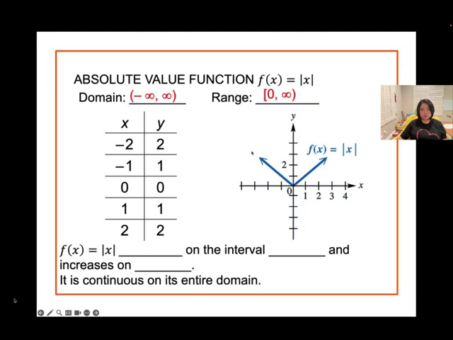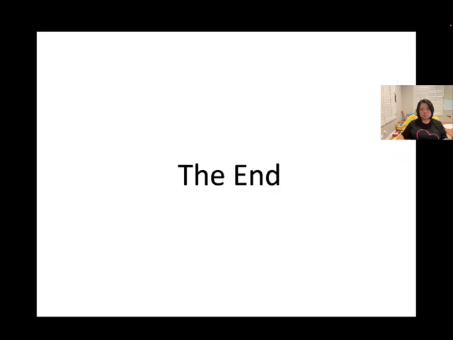And then the first part here, the graph is going down. So it's going to be decreasing on the interval from negative infinity to 0. And then it's going to be going up. So that's increasing on 0 to positive infinity. That's it.